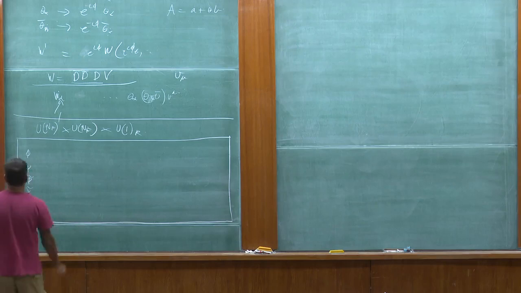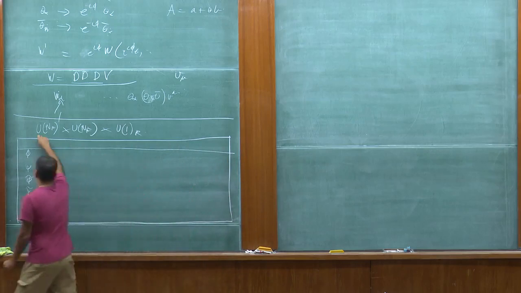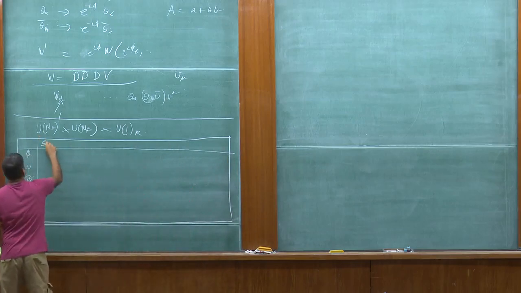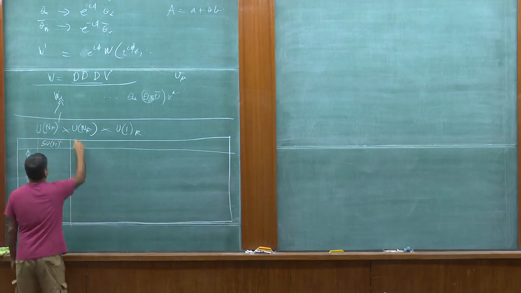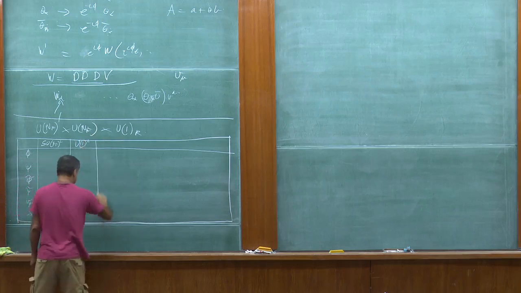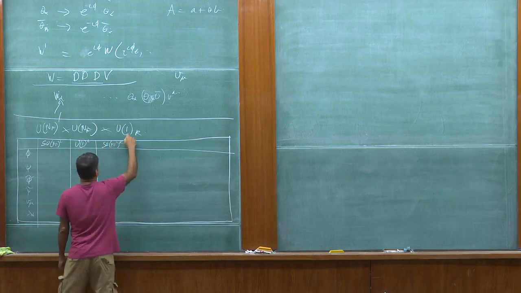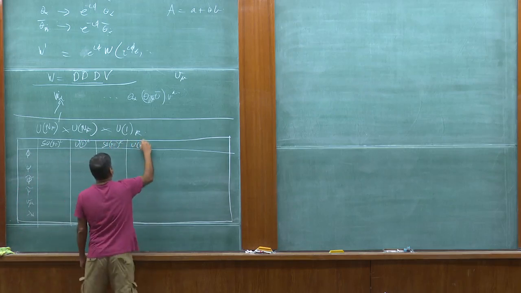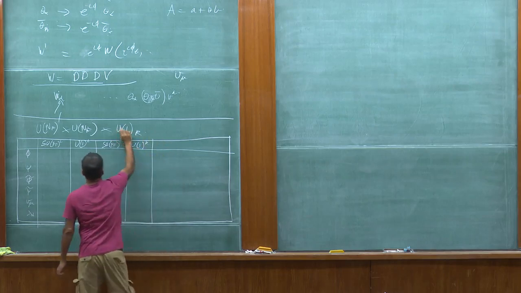Now on this side we'll write down all the symmetries. There's SU(N_F), let's call this left, and then there's U(1), let's call this left. There's SU(N_F), let's call this right, and there's U(1), let's call this right.